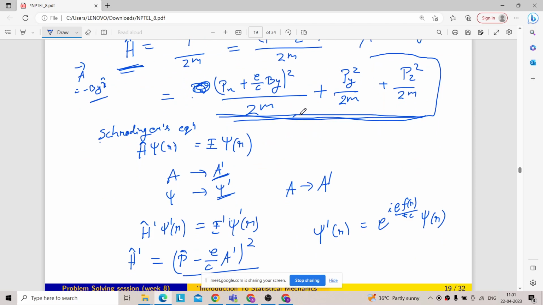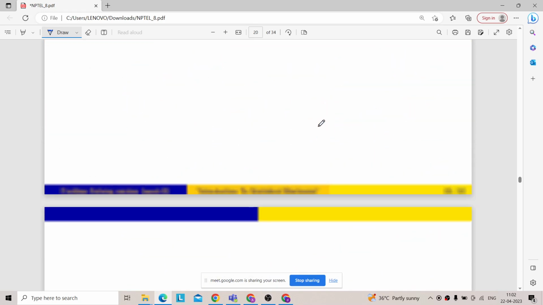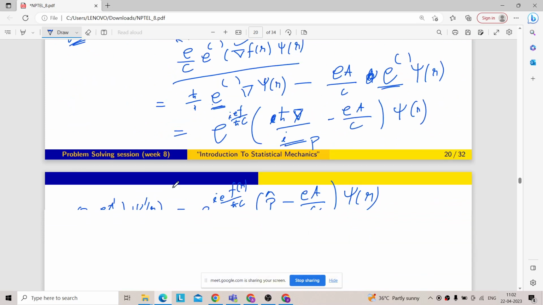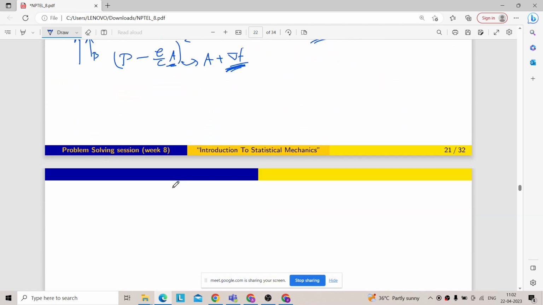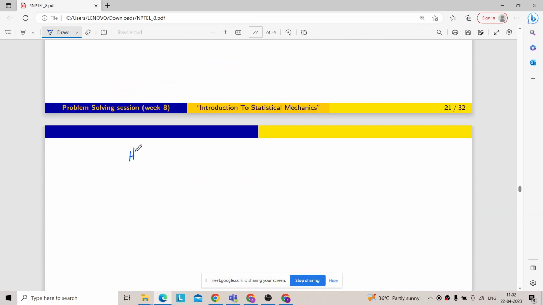So let's put this in the Schrodinger equation, H psi equal to E psi.